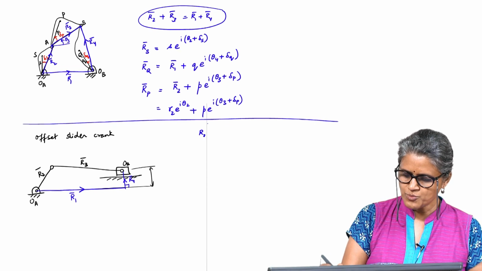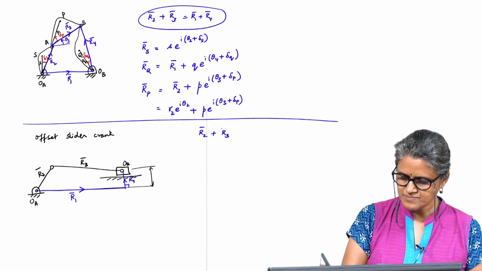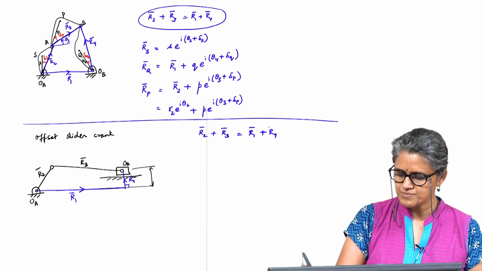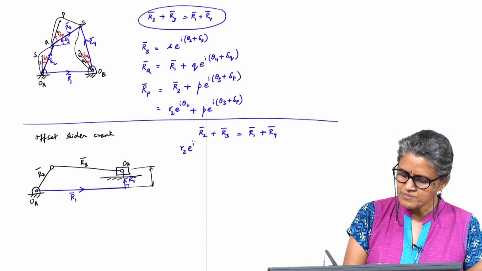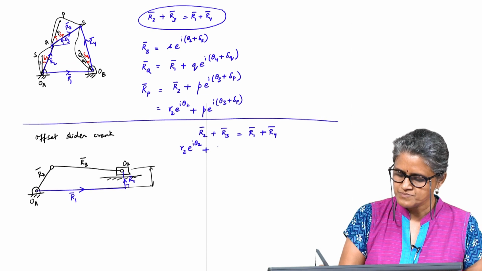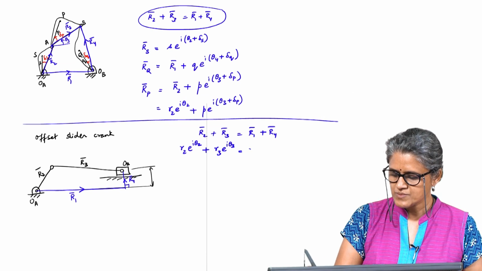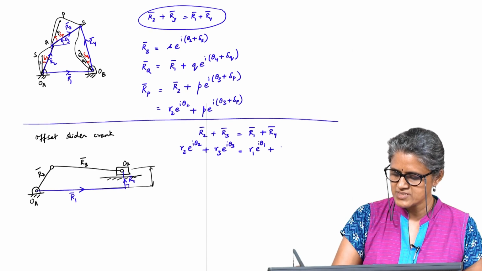So, now I can write my loop closure equation as R2 plus R3 equal to R1 plus R4. In complex form, R3 e power i theta 3 equal to R1 e power i theta 1 plus R4 e power i theta 4.